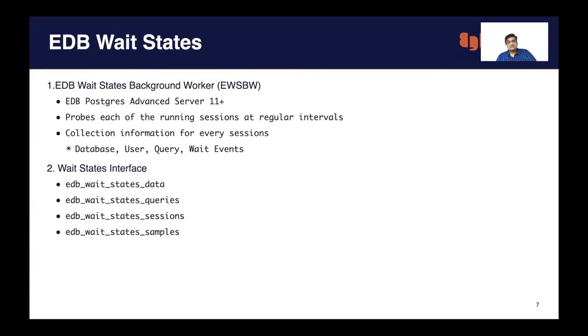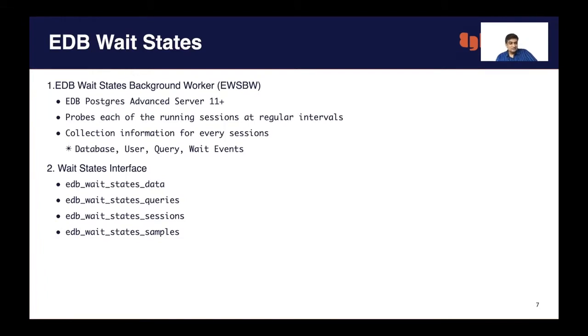Once it takes the samples, it writes that data into separate wait event files, and those can be accessed using the wait states interface, and that's where edb_wait_states_data, edb_wait_states_queries, sessions and samples come into picture.